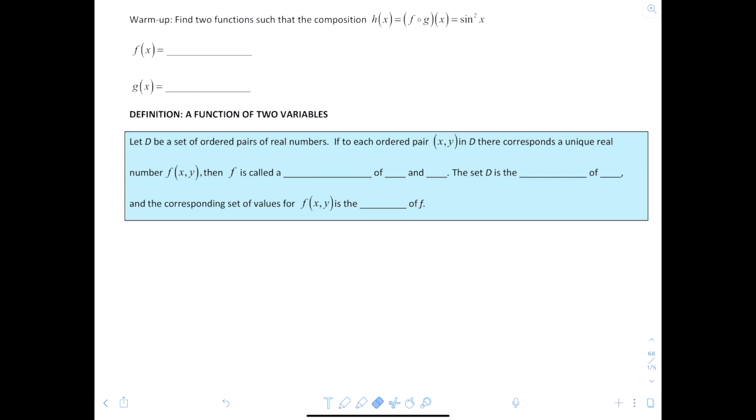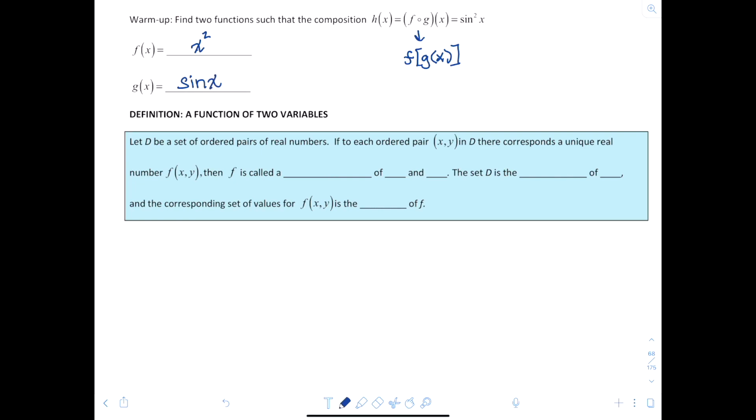Remember that when you compose f with g, f is that most outside function going on, and g is inside. So our most outside thing going on is something being squared. And what is that something being squared? Awesome, sine at x. Beautiful.